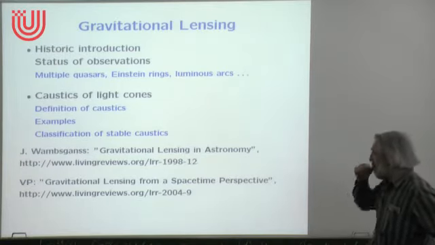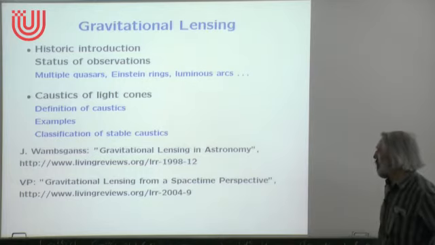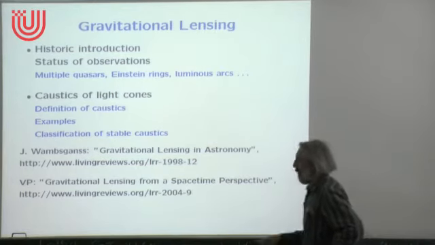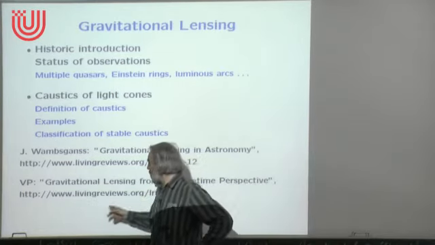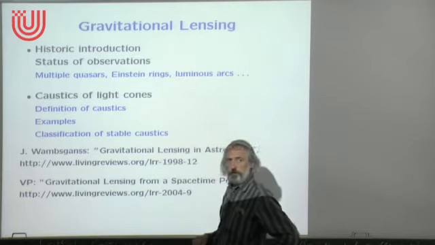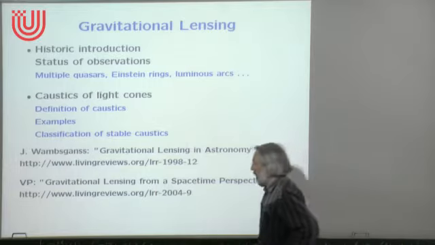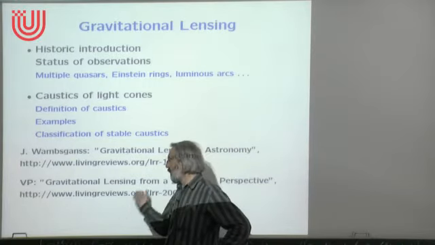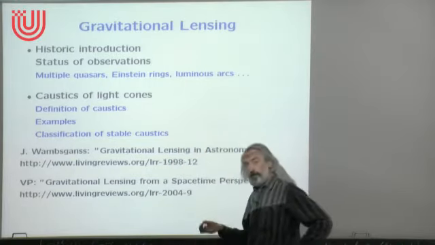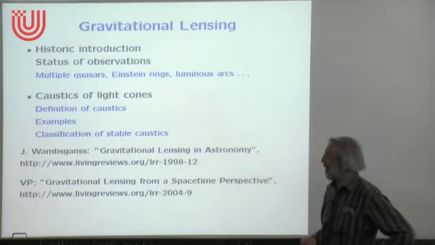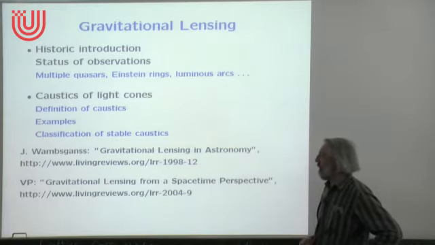So if you want to read a little bit about gravitational lensing, there are 2 living reviews. Maybe you've already heard about these. These are reviews which are regularly updated. They exist only online, not in a printed version. And the idea is that the author keeps them always live. That's why they're called living reviews, right? So they should be updated regularly.